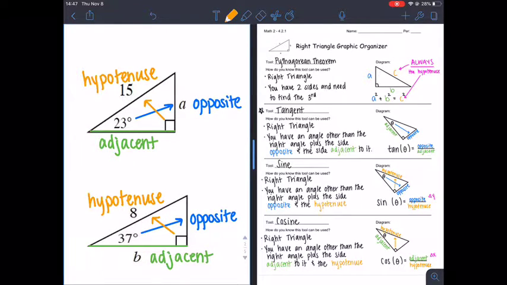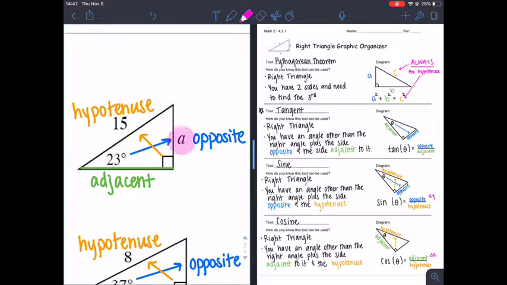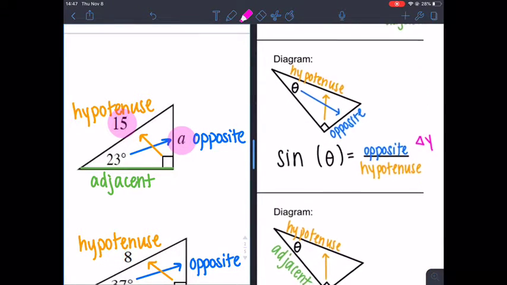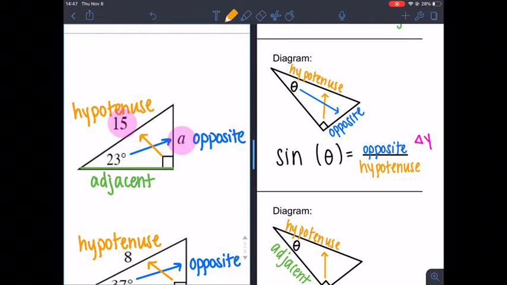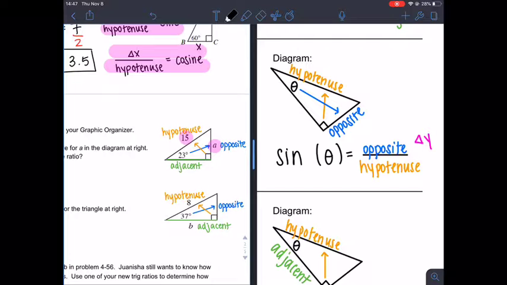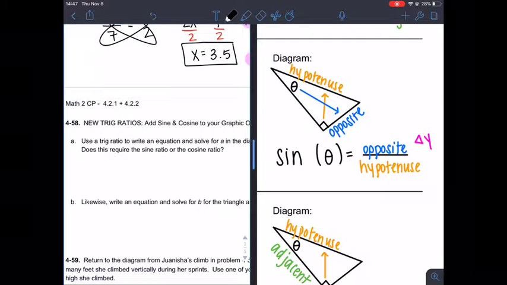All right, so now in our first triangle here, I'm given A and 15, which is the opposite and the hypotenuse. So if I look at my graphic organizer, I can see that the sine uses the opposite and the hypotenuse. So for letter A, we're using the sine ratio.